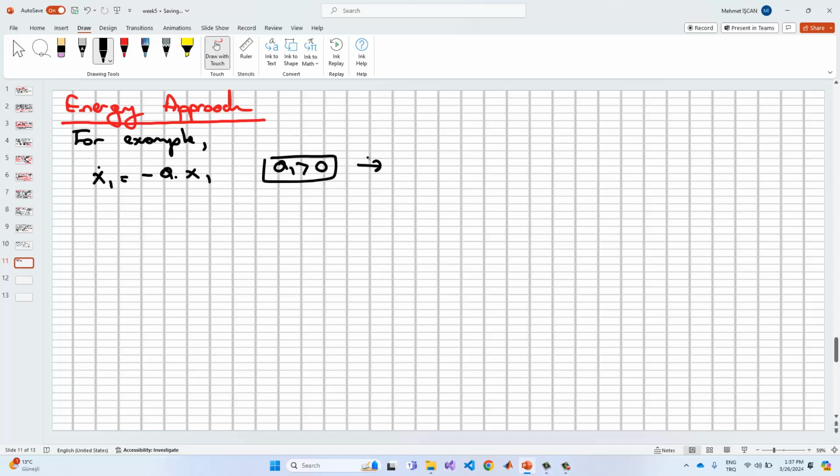Not. Why? Yes, a1 is positive, and so we have a negative term here. This yields a stable system.